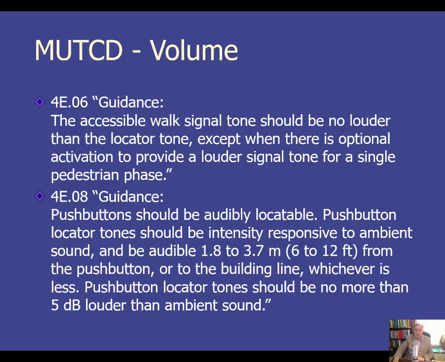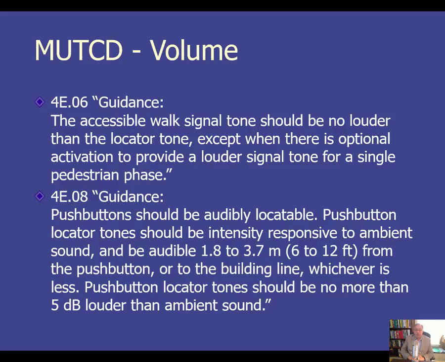And then the MUTCD, in regard to volume, it says the accessible walk signal tone should be no louder than the locator tone, except when there is optional activation to provide a louder signal for a single pedestrian phase. And under guidance, it says push buttons should be audibly locatable.